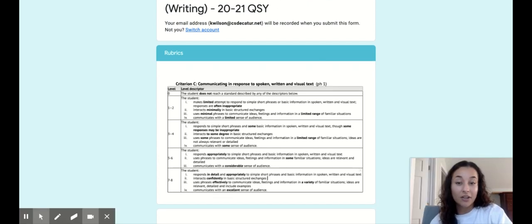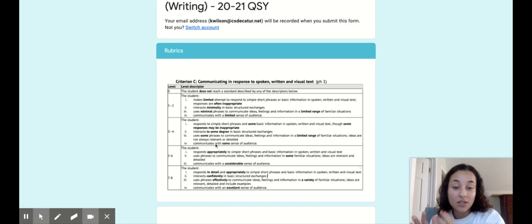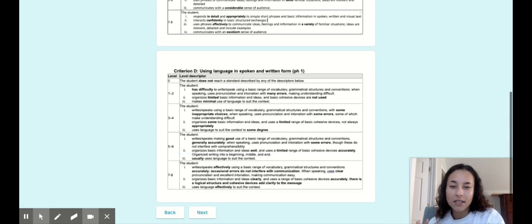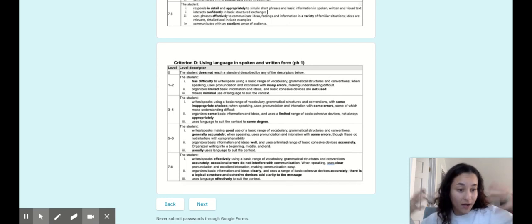And here are your rubrics. This one actually covers 2 different rubrics. So we have Criterion C, which is communicating. This rubric is about how well you're communicating a message in response to some questions. So this one's more about the message that you're communicating. Criterion D focuses more on how accurate what you have written is.